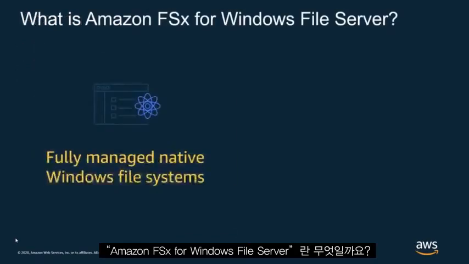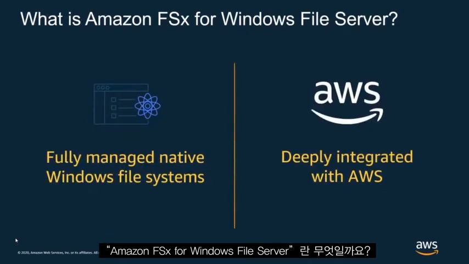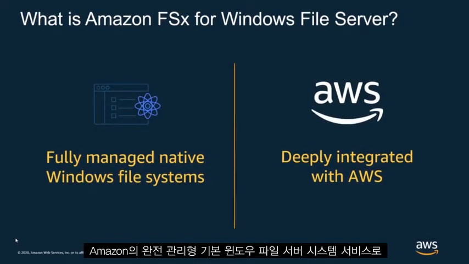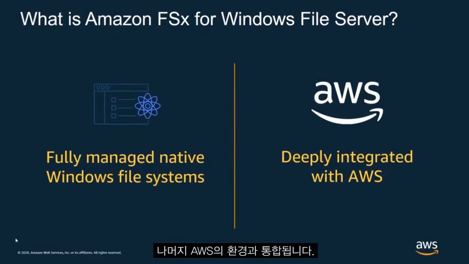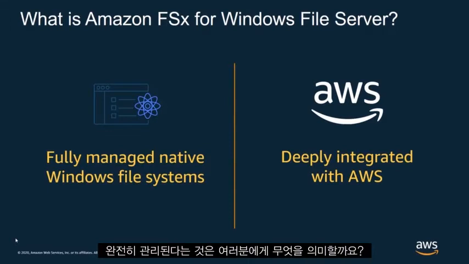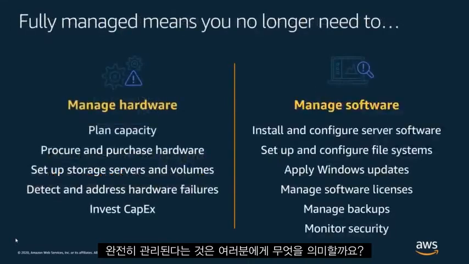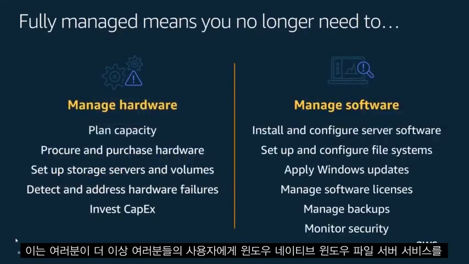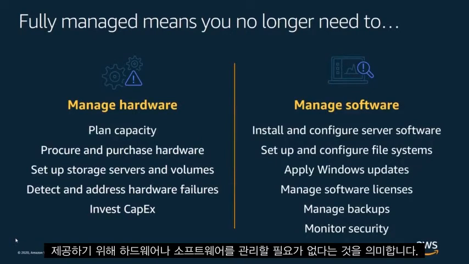So what is Amazon FSx for Windows File Server? It's Amazon's fully managed native Windows File System service, and it's integrated with the rest of the AWS ecosystem. So what does fully managed mean to you? It means that you no longer need to manage the hardware or the software to provide native Windows File Server services to your users.